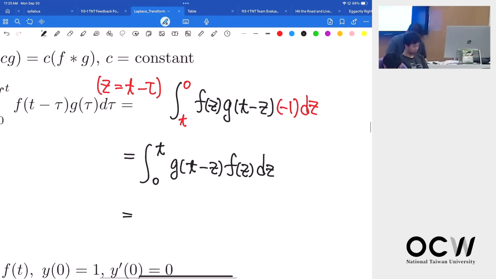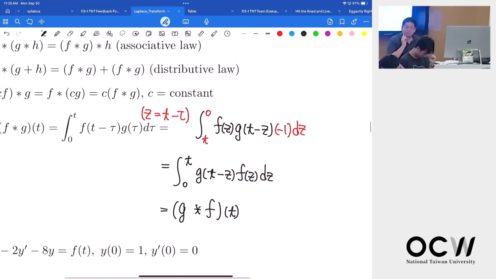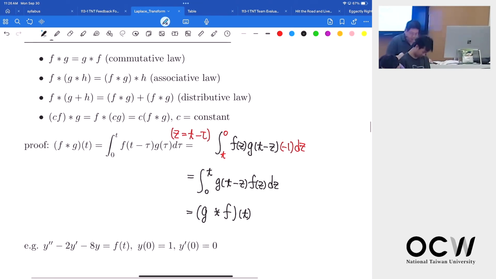And that's why this is g convolve f of t. All right. So now you know that f convolve g does not depend on which one is first, because this also equals g convolve f.